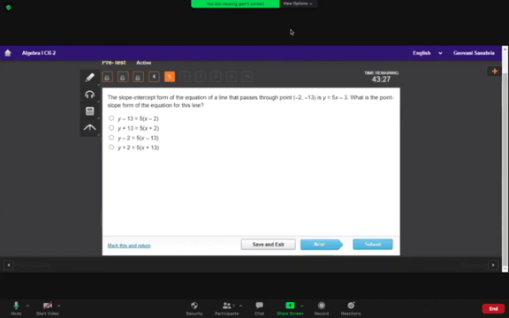So the first step is to distribute the 5. So you get the 5x, and then 5 times 2, which is 10. So 5x plus 10 on one side, and then plus 13.